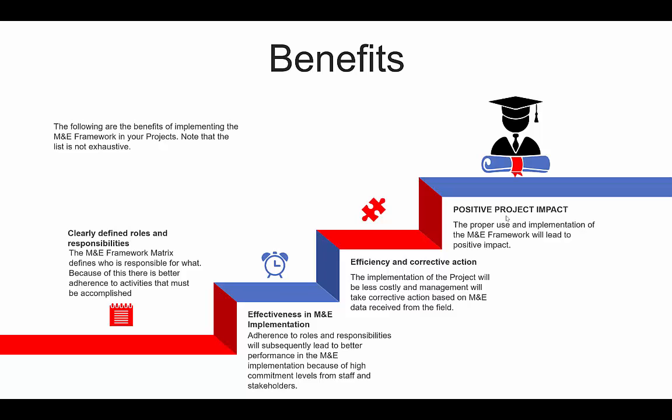And that's where we want to be. Because once we register positive change, it means we've done our job. And it means we can go a step further to better achieve results in the next implementation phase.